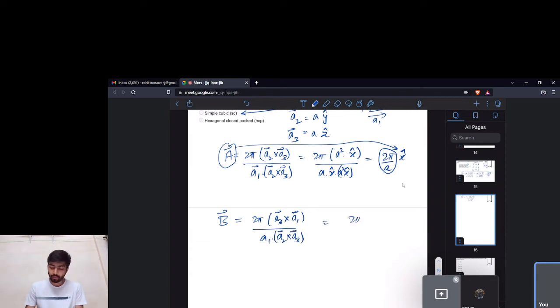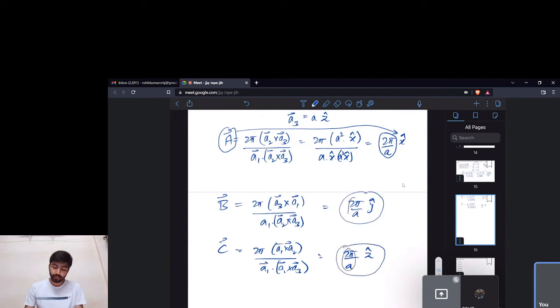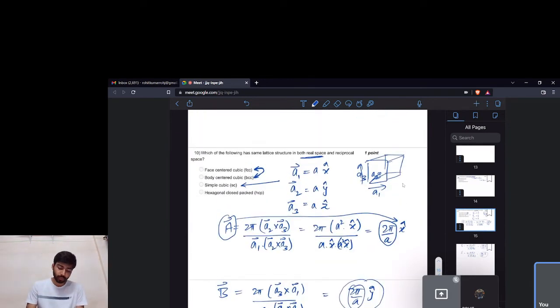This will come out to be 2 pi by a y cap, and c would be a1 cross a2, giving 2 pi by a z cap. Now these three vectors are also in the same direction and have the same scalar factor in front of them. So a simple cubic reciprocal would be again simple cubic.